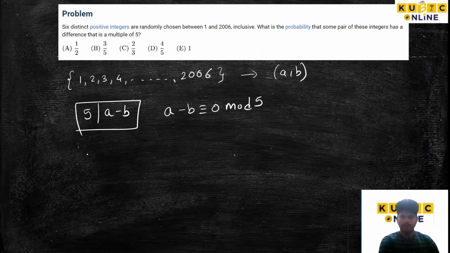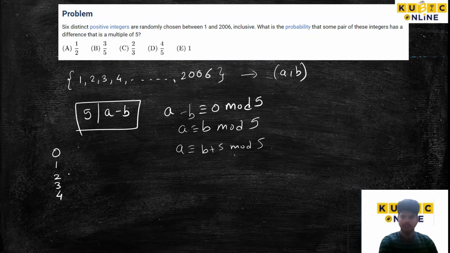Correct. Now what all combinations can we make? Okay, let's see. One of them is a is congruent to b mod 5. Or a is congruent to b plus 5 mod 5 and so on. So what all combinations are there? One is 0, 1, 2, 3, 4.